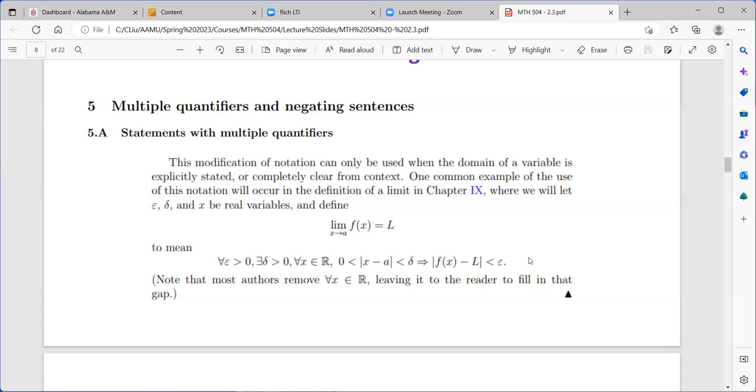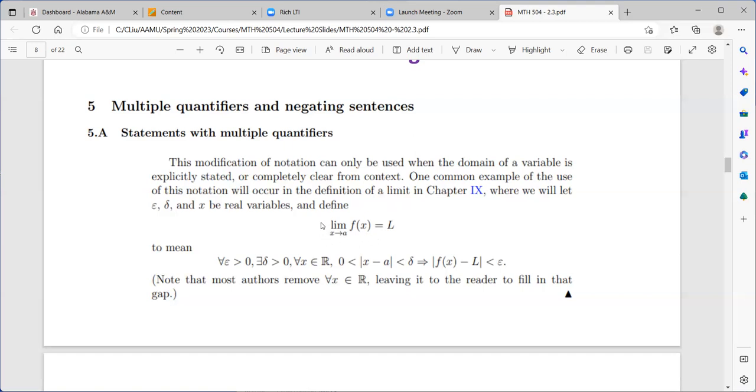That's the rigorous mathematical definition for the limit of a function. We didn't use x in R or L in all those because this is obvious. We're talking about real numbers if we don't specify.